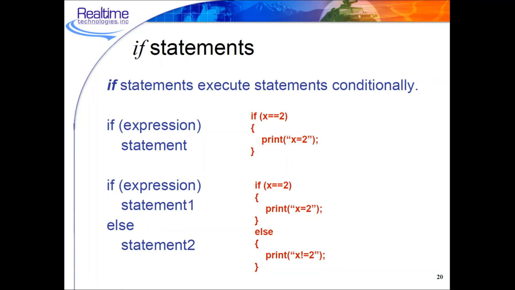This example here is saying if x equals 2, print x equals 2, and then in the next one it says if x equals 2, print x equals 2, else print x does not equal 2. So the else is useful as well. We also have another command called an else if, and you can string multiple if statements together using else ifs if you have additional conditions. Another way that we can do that is using switch cases, and we'll talk about that in just a second.